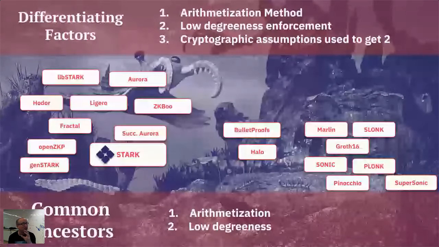Because the sad reality is that we do not know how to enforce low degreeness without any cryptographic assumptions. There's no way that we know how to do this.